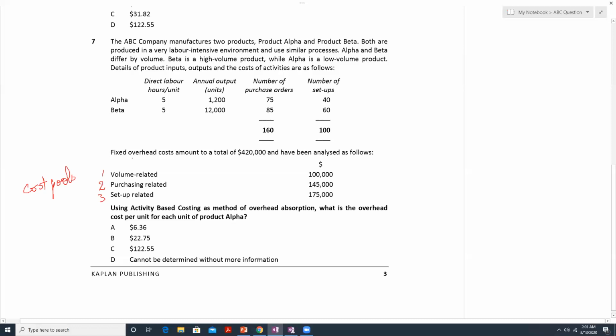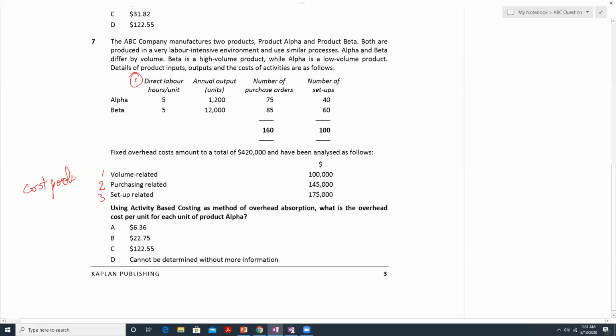Now, for each cost pool, we need to identify the cost driver. This is the first thing that we need to do whenever we are doing an activity based costing question. For volume related overhead, the cost driver is number of labor hours.